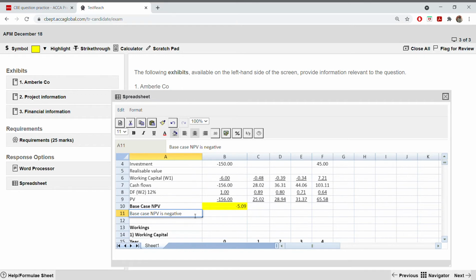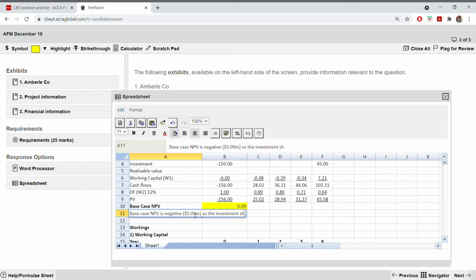So the base case net present value is negative. In bracket you can write dollar 5.09 million. You can write million. Base case net present value is negative. So the investment should be rejected. You have to write this, okay?